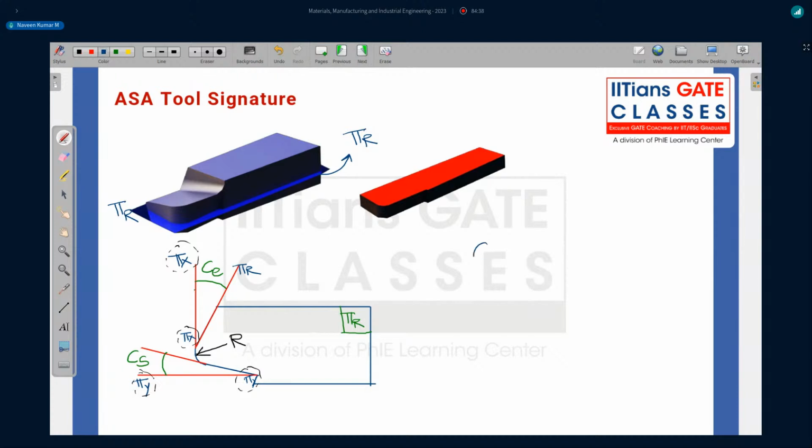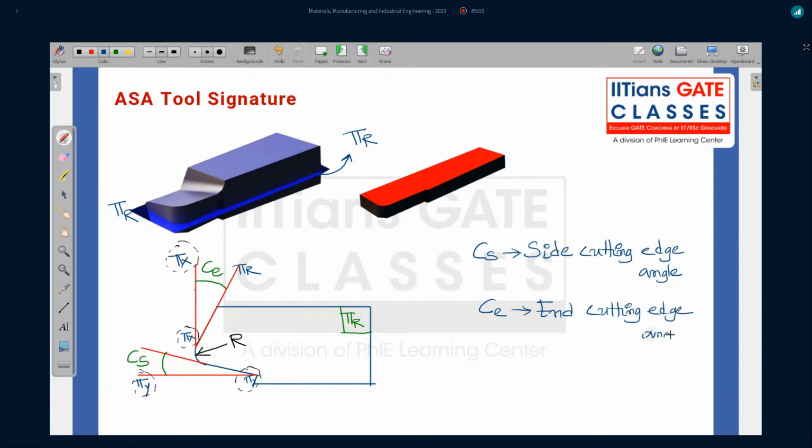We got CS, the side cutting edge angle. CE we got as the end cutting edge angle. And R is the nose radius. Good.